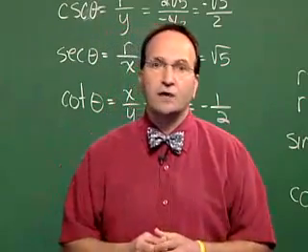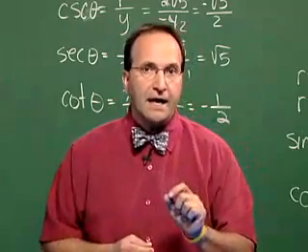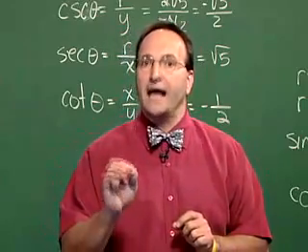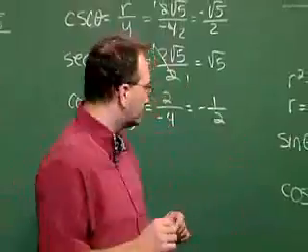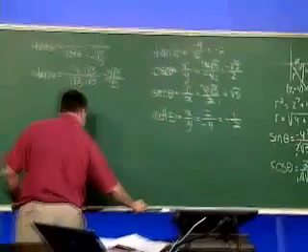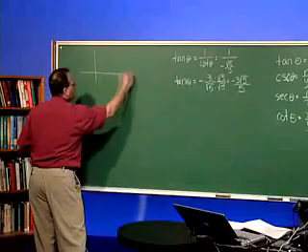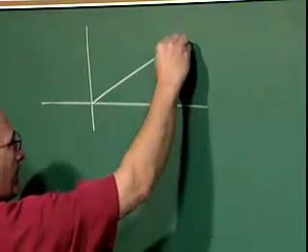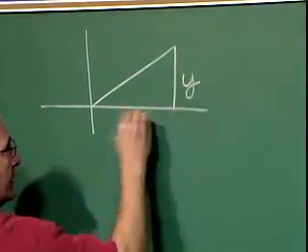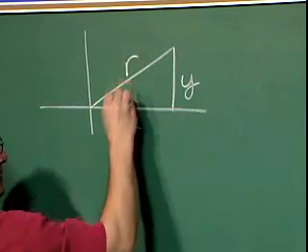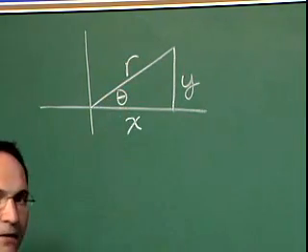To do that, I want to draw a triangle with x, y, and r. So let me do that. We have a general triangle. This is my y, this is x, this is r, and this is theta.